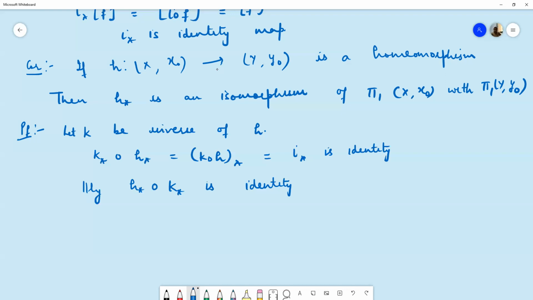So it means H* is the inverse of K*, or in other words we can say H* is an isomorphism from π₁(X, x₀) to π₁(Y, y₀), which completes the proof of this result.